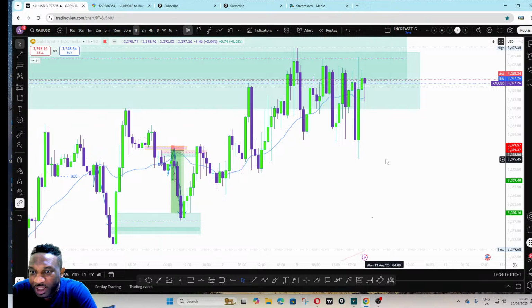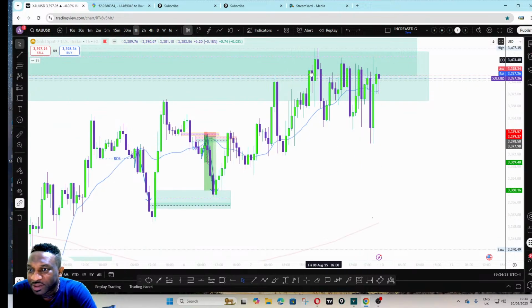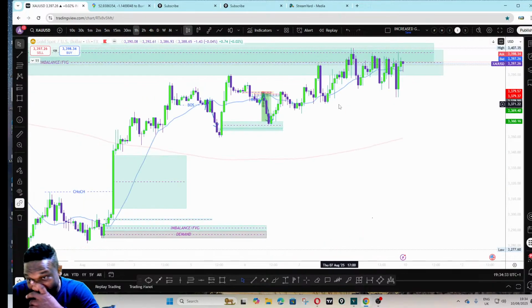This is the price action on Friday, which I wasn't much interested in because it was kind of consolidated. On my Telegram community, I said I'm not seeing anything interesting. So on Friday I literally didn't take any trade on gold.